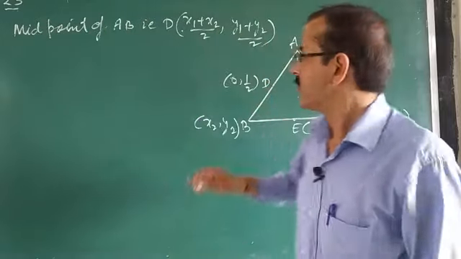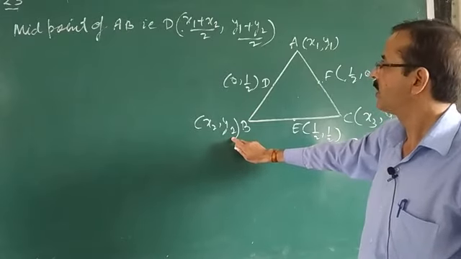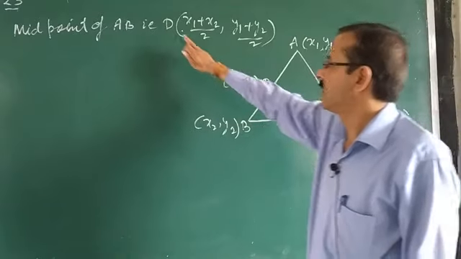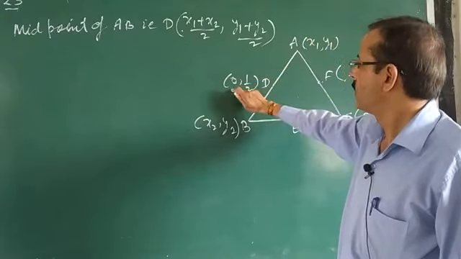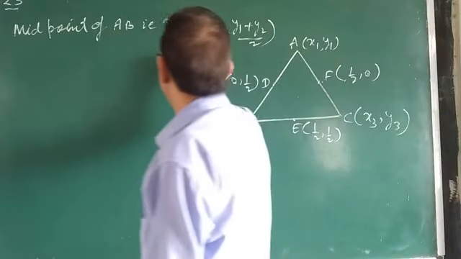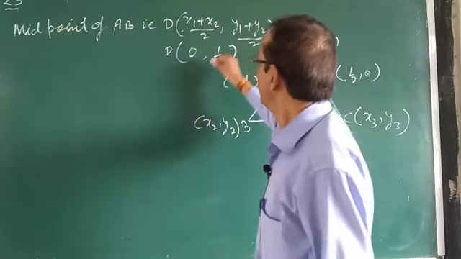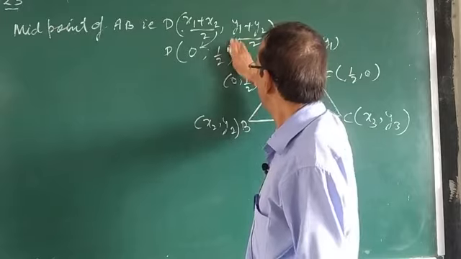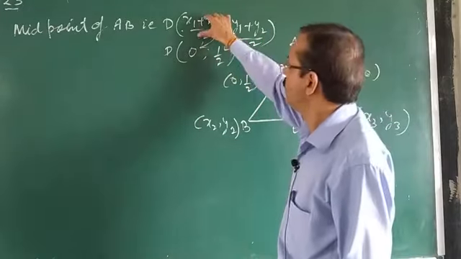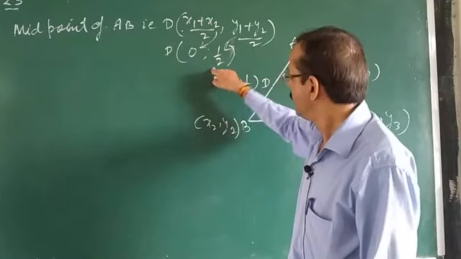Midpoint: sum of abscissas upon 2, sum of ordinates upon 2. This is the midpoint of AB, that means D. And D is given here as (0, 1/2). So this is equal to 0 and this will be equal to half. Right?